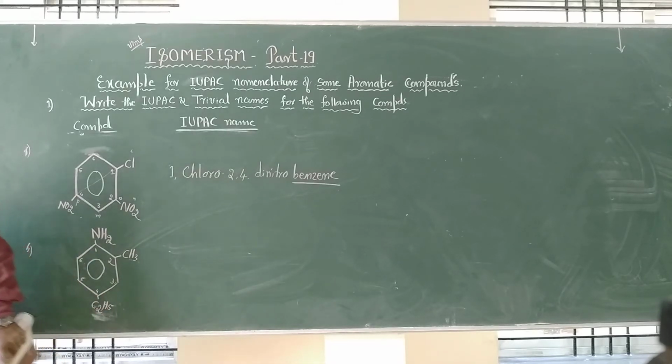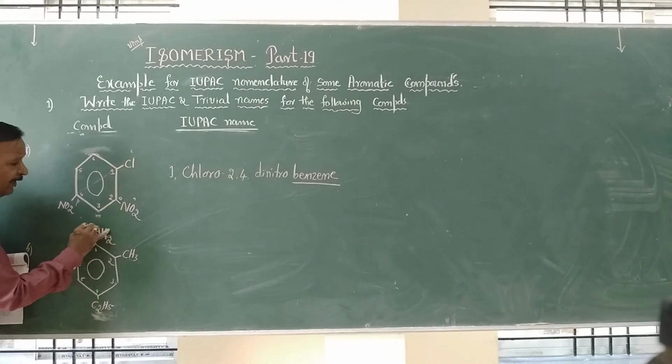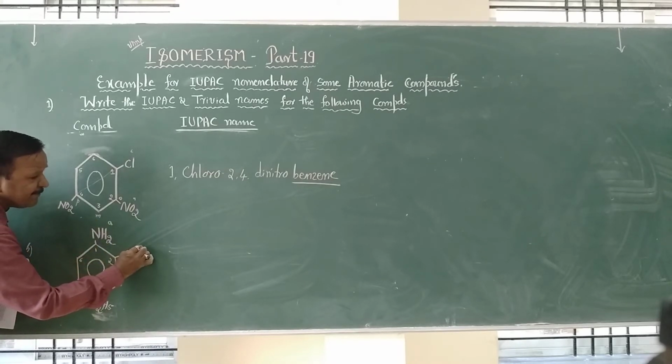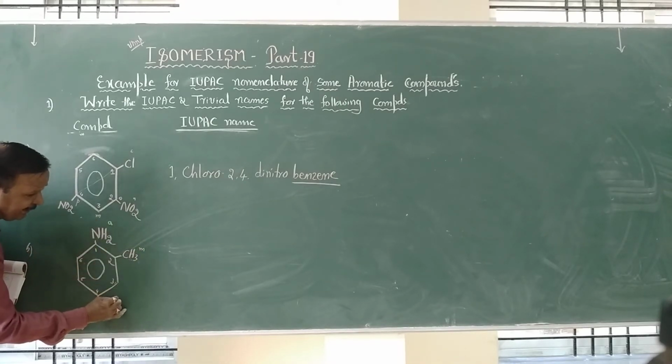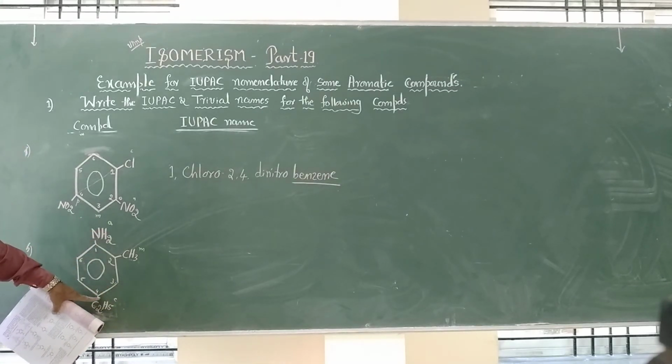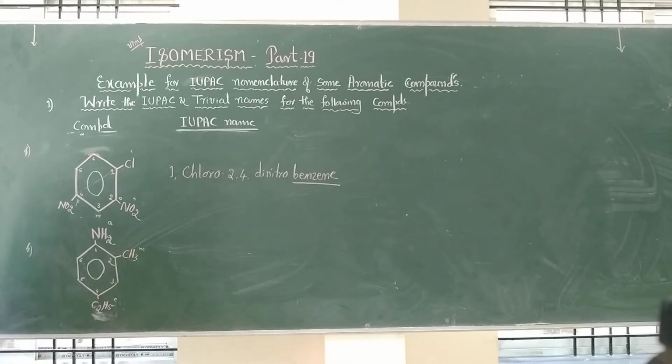Now what you have to do? You have to select alphabetical order. This is amino group, A comes first, then it is M, and this is E. So first A will come, then E will come, then lastly M will come, and this benzene with amino group is called aniline.